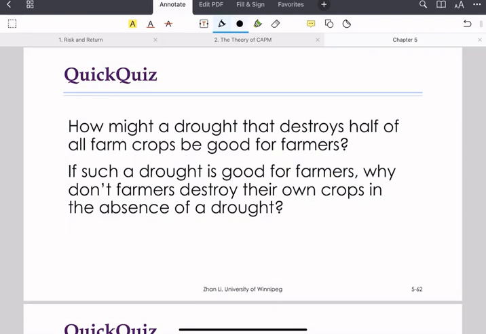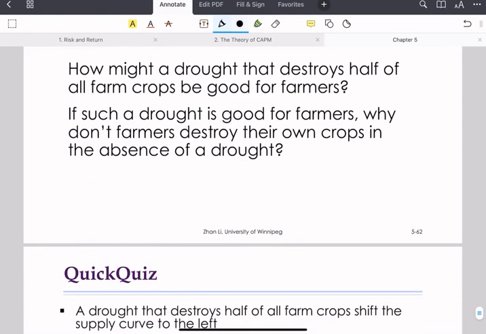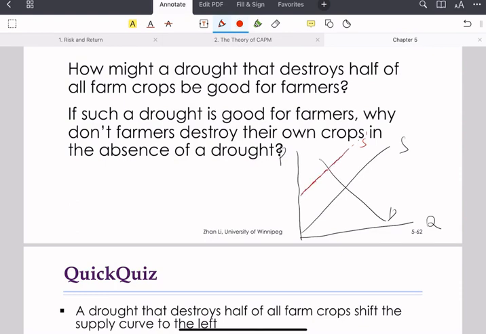Right? So, okay, let me first draw out these curves. So we should basically reduce the supply curve. So this is S prime, which is the shifted supply curve. Why could this be a good thing for farmers?